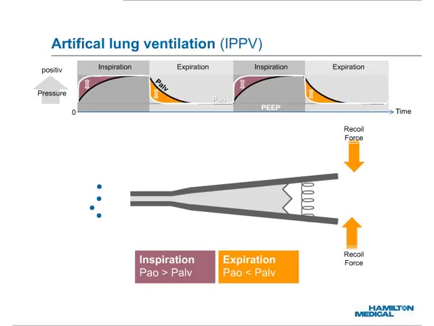B. Expiration. When artificial expiration begins, the ventilator system suddenly lowers the airway opening pressure, PAO, from the peak pressure level to the pressure baseline, generating a temporary gradient where airway opening pressure, PAO, is lower than the alveolar pressure, PALV. The elastic recoil force of the lung-chest wall pushes the gas out of the lungs. In our bellows model, the spring, which is loaded during the inspiration, represents the recoil force.